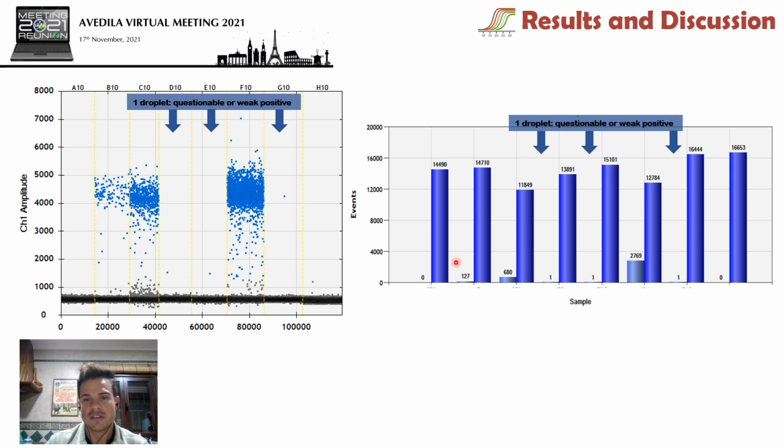In the bar chart, we show the number of positive droplets in light blue and negative in dark blue. It's important to get optimal results that the minimum number of accepted droplets per well was at least 10,000.